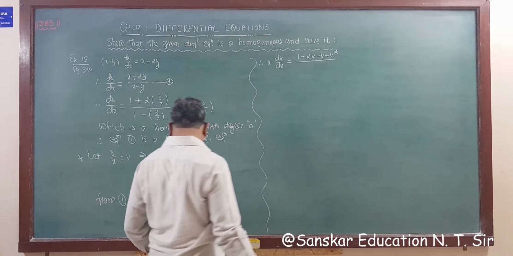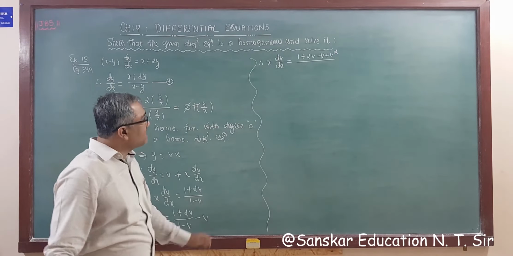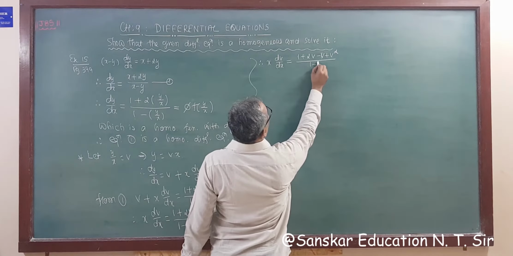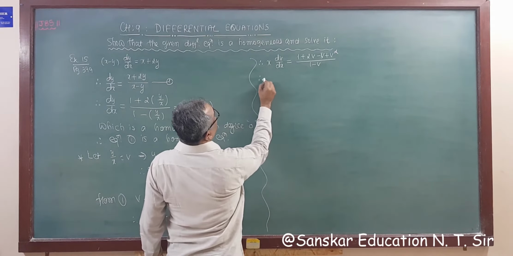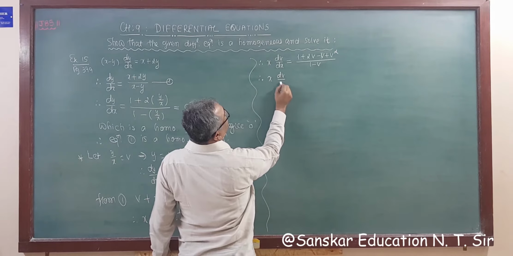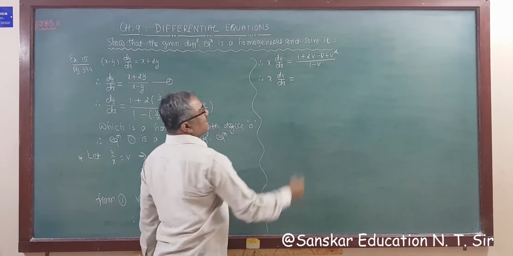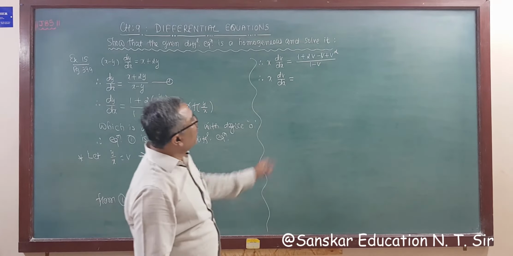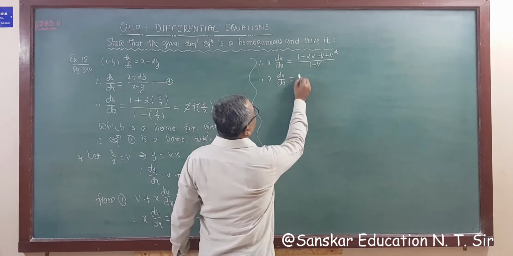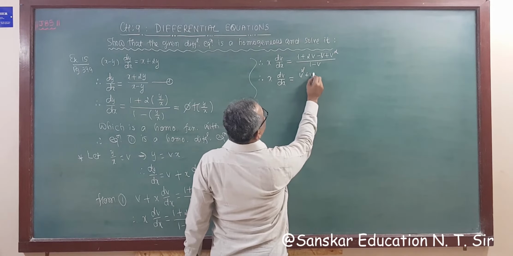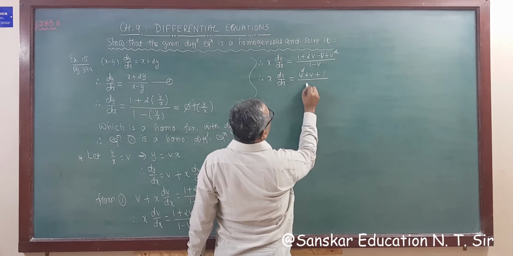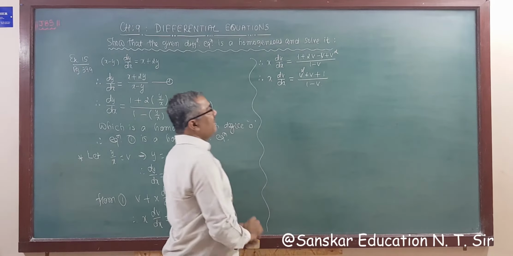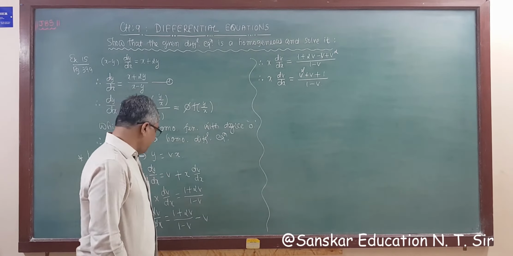Minus v, 1 with this. So minus v plus v square upon 1 minus v. So finally we get dv by dx into x is equal to v square plus v plus 1 whole upon 1 minus v.